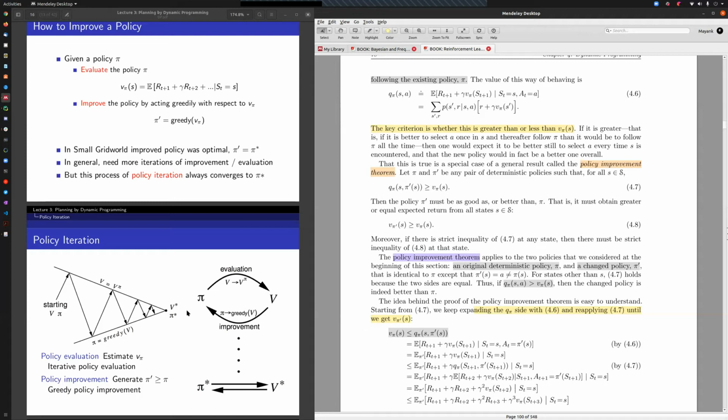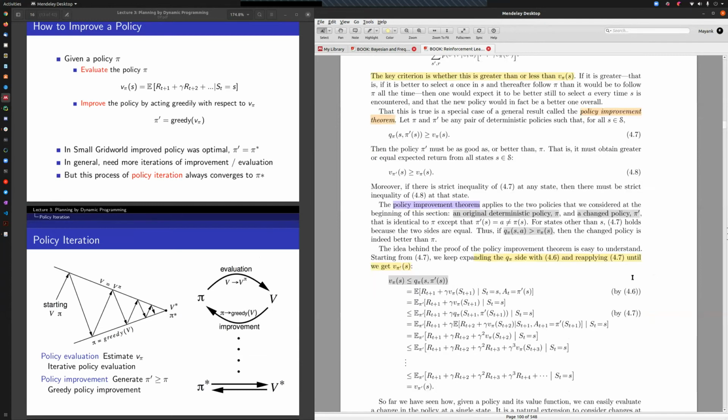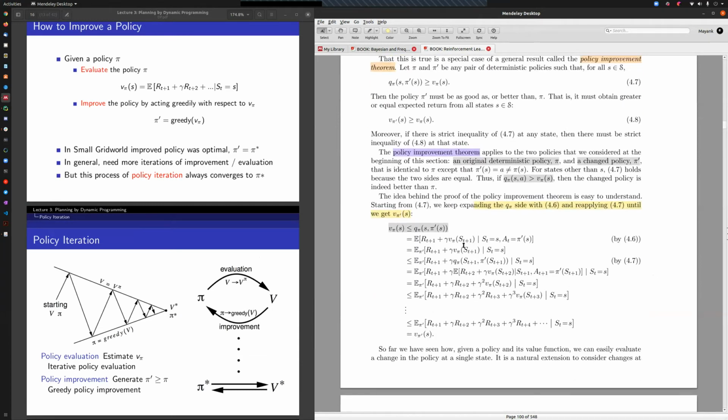So these are the two steps, policy evaluation and policy improvement, that we can see from this. This is the proof of the policy improvement theorem, of how it converges to this.